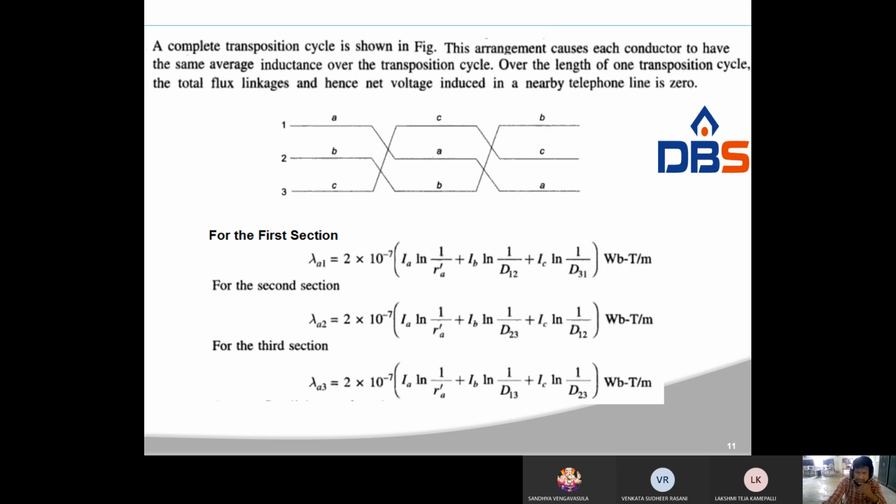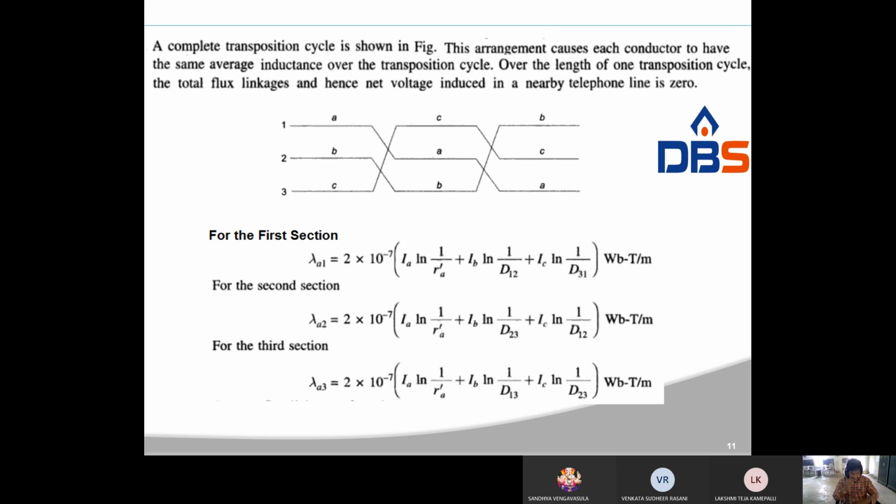Now C will go to the upper, A will go to the middle, and B will go to the lower. After some more distance, B will go to the upper, followed by C, followed by A. This is nothing but transposition of transmission lines.